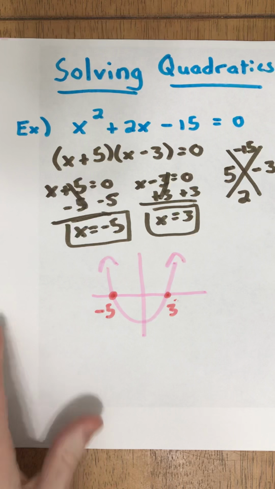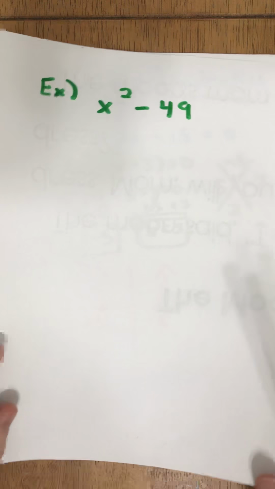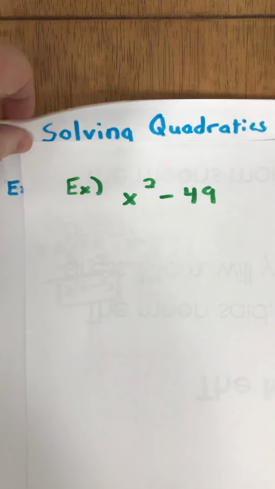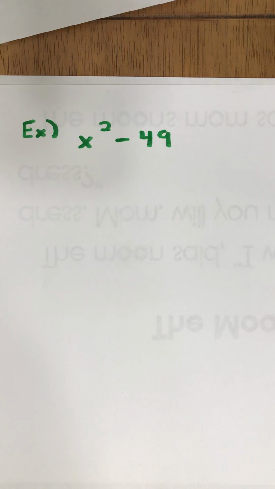All right, now for today, we're going to move a little bit past the trinomial, and we're going to look at the second thing that we did, which is a difference of perfect squares. So you'll recall from our unit on factoring that we had things like x squared minus 49.